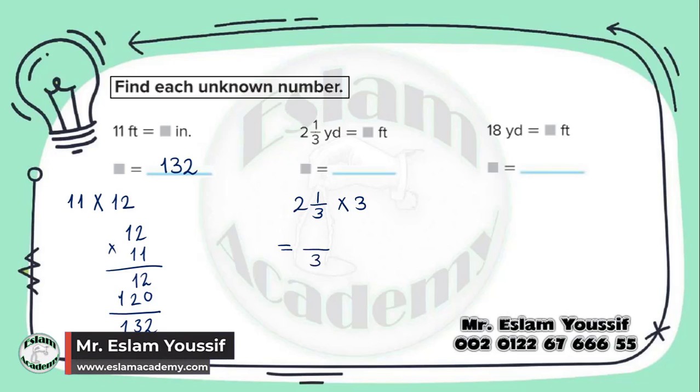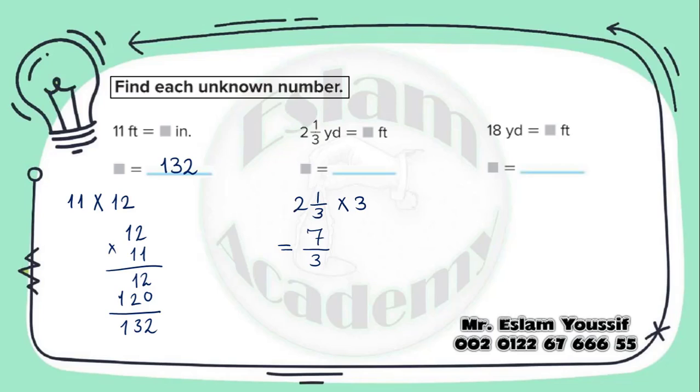Just write the denominator without any change. So 2 multiplied by 3 equals 6. And 6 plus 1 equals 7. We just converted it to an improper fraction. Then I will multiply it by 3. 3 will be equal to 3 over 1, because for any number without a denominator, the denominator will be equal to 1. Just by simplifying, the answer now will be equal to 7. So it will be equal to 7 feet.